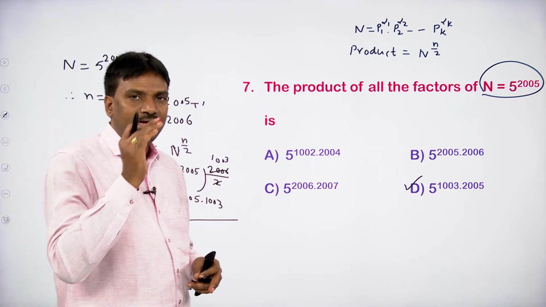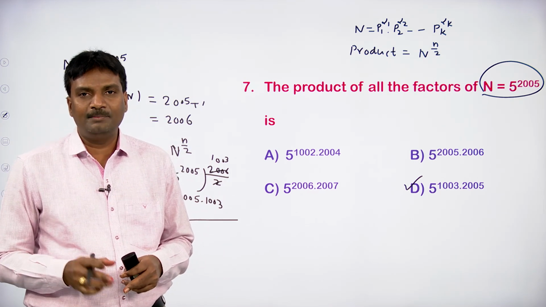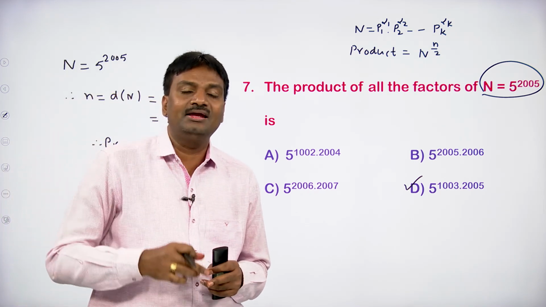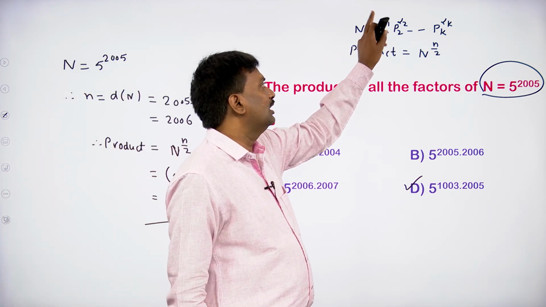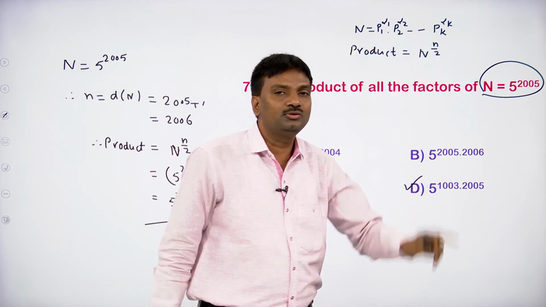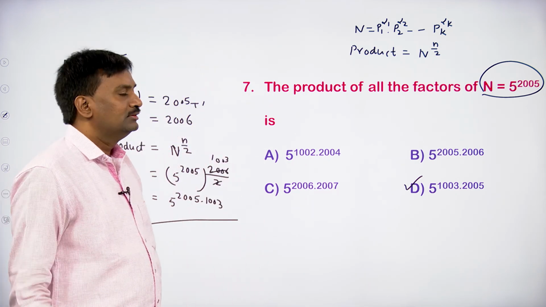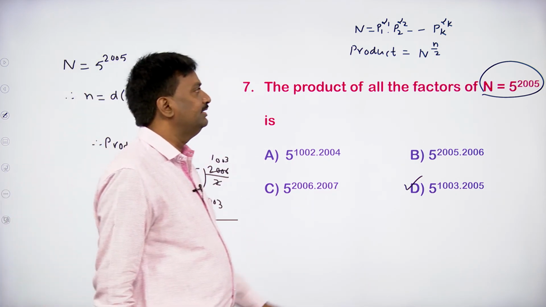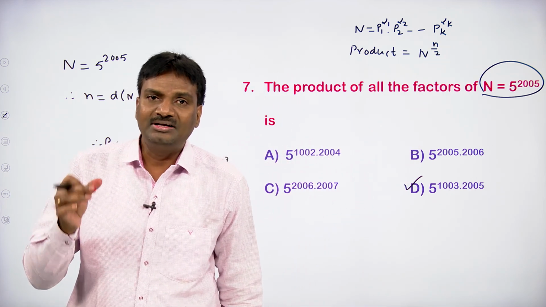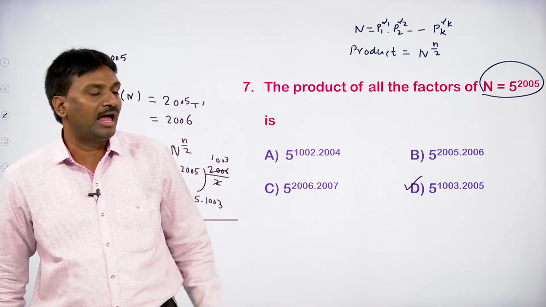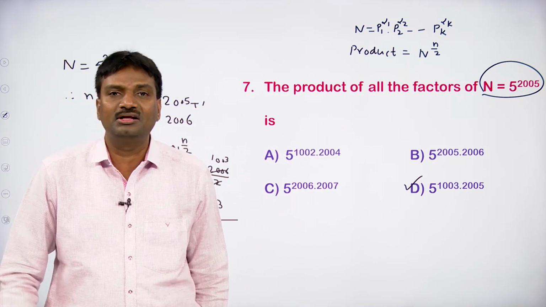Here, if n is a natural number, and we express the number n as the product of prime numbers, n equal to p1 power alpha 1 into p2 power alpha 2 and so on, pk power alpha k, then the product of all divisors of n is capital N power small n by 2, where capital N is the given natural number and small n represents the number of divisors of n.